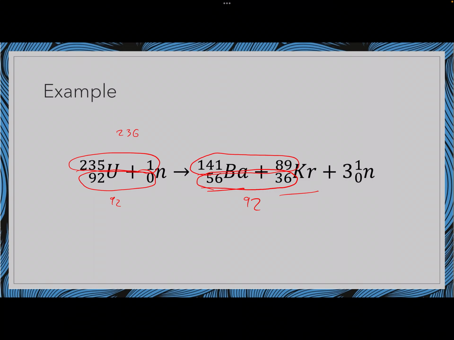Hold on, where's my calculator? It gives us 230.